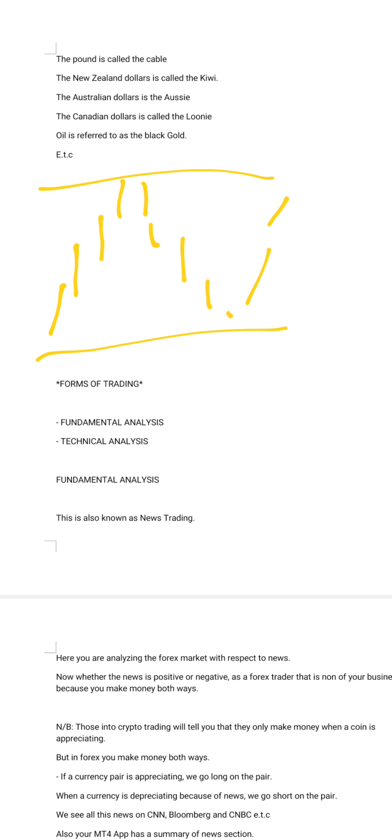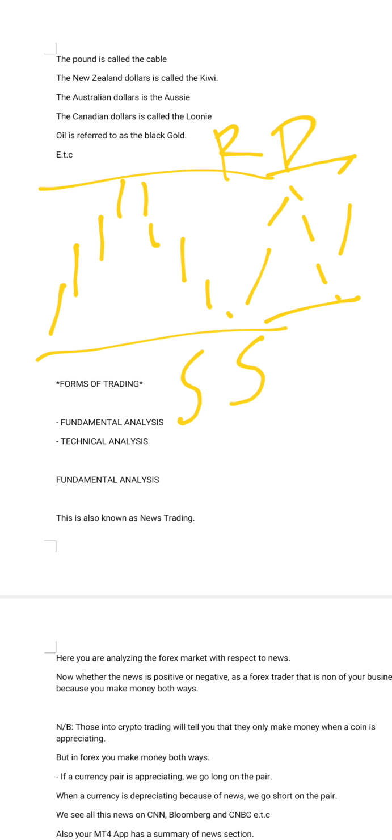So when you are trading based on the movement of those candles, you are doing what we call technical analysis. With time, we learn about support and resistance, demand and supply, and so many other things. So when you are trading based on analysis you are making by yourself, we call it technical analysis.